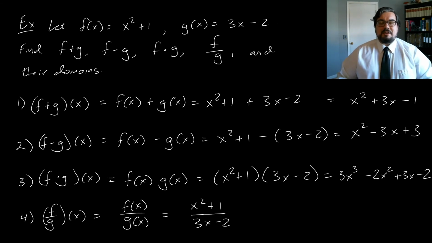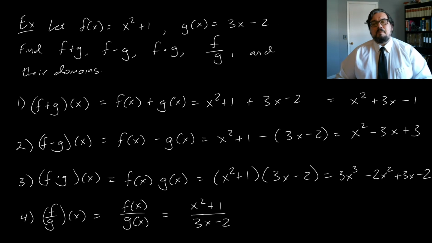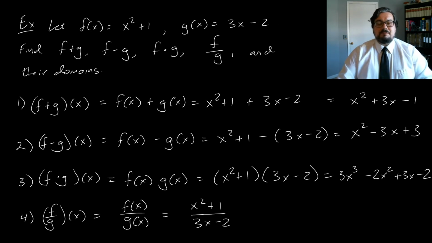Now let's talk about their domains. Remember that the domain of a function is the set of all numbers that you can plug into a function and get something meaningful out of it. Now, for the first 3 functions, the domain is going to be all real numbers. Notice that the domains of the original functions are both all real numbers.